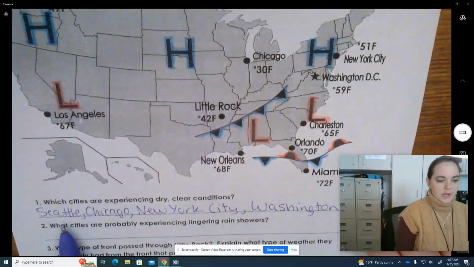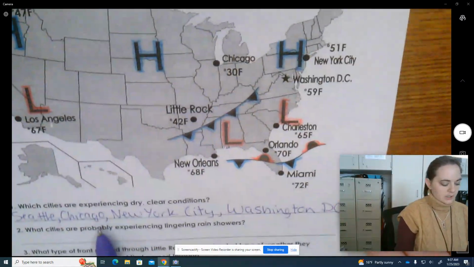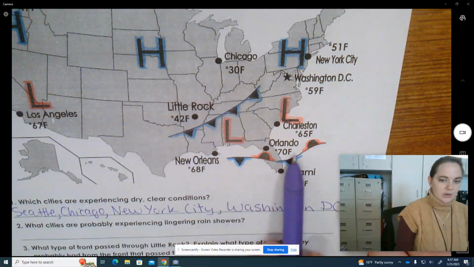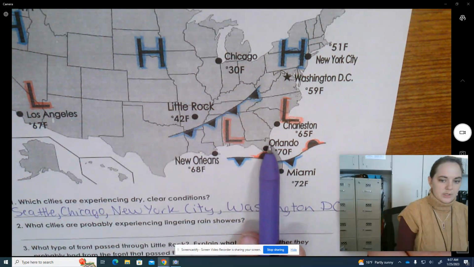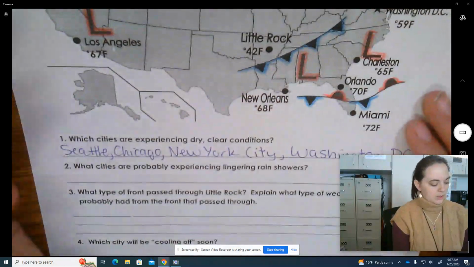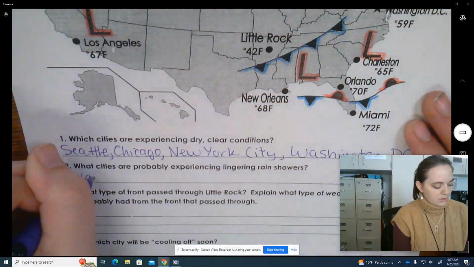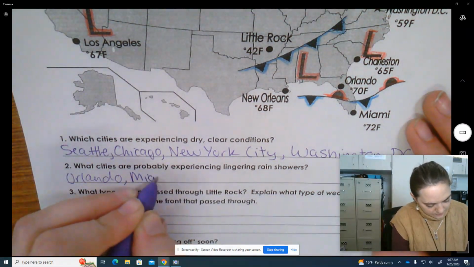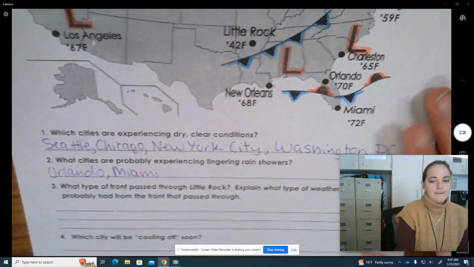So if we look here, we're going to find our stationary front, which is the one with both types of tick marks. So what cities are right around this area? You see we have Orlando and we have Miami. So for number 2, you're going to write Orlando and Miami.